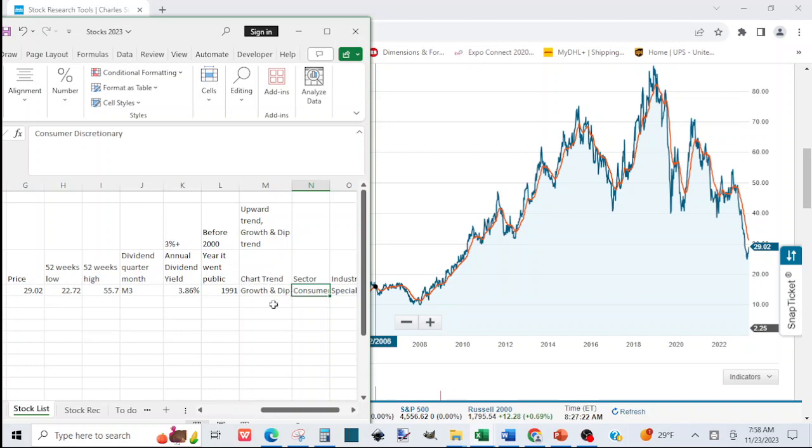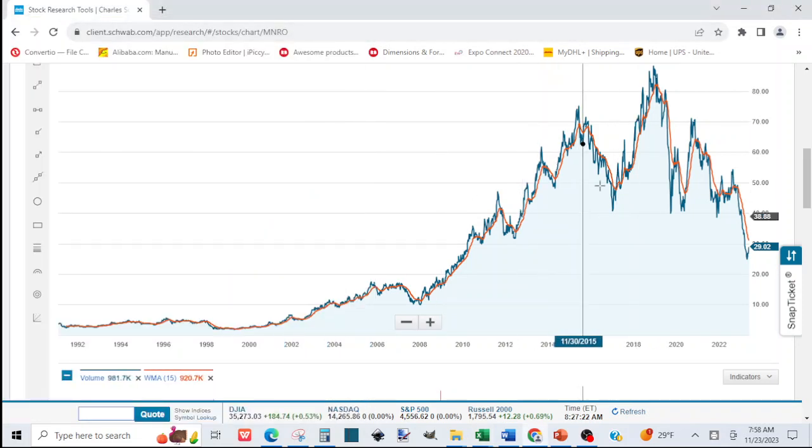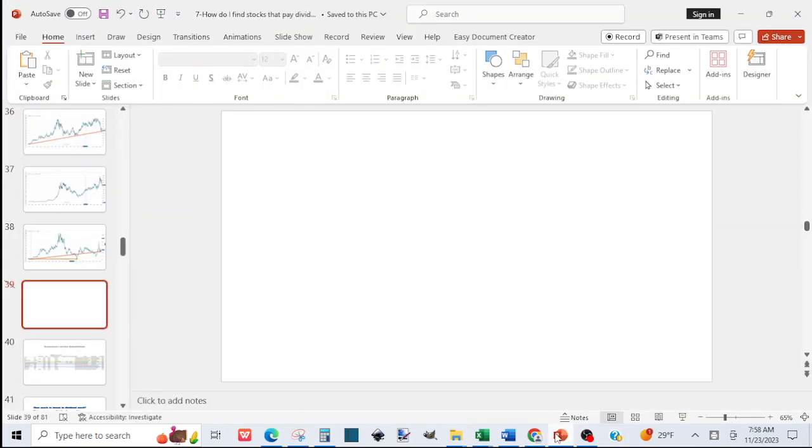So now it's growth and dip, but look at the dividend yield, it's paying 3.86. For the risk that you are running to invest in a growth and dip chart type of company stock, you want them to pay you a high dividend. And we set some parameters even on our spreadsheet.